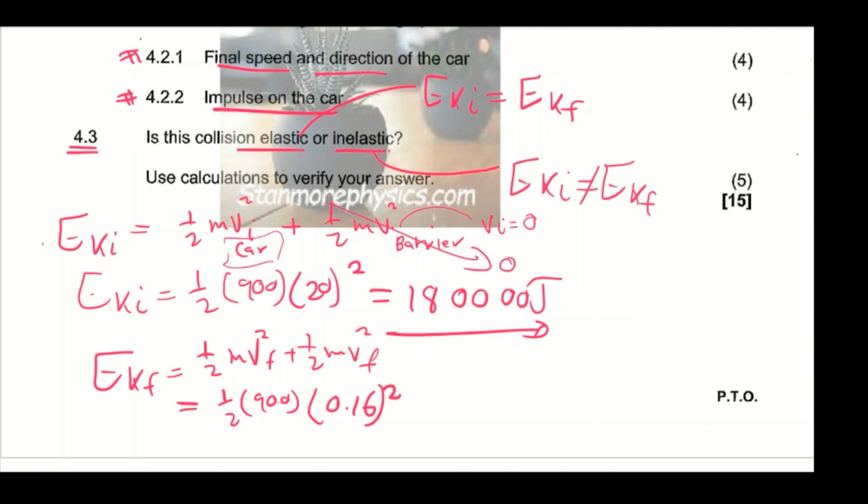So you're going to square it, and then add plus 1 over 2, the mass of the barrier, which is 3200, right?